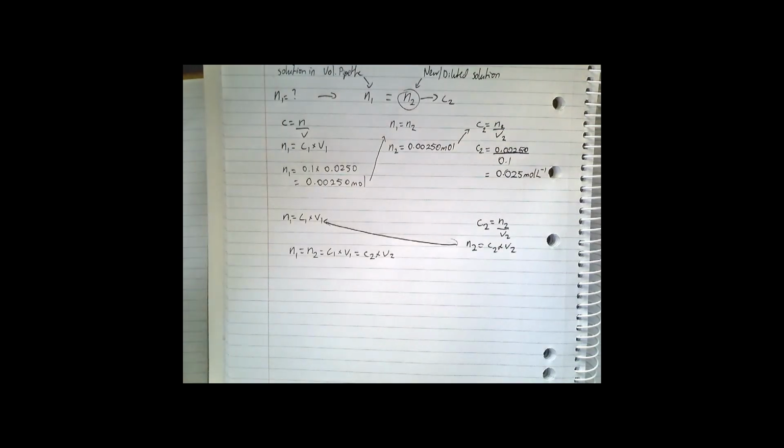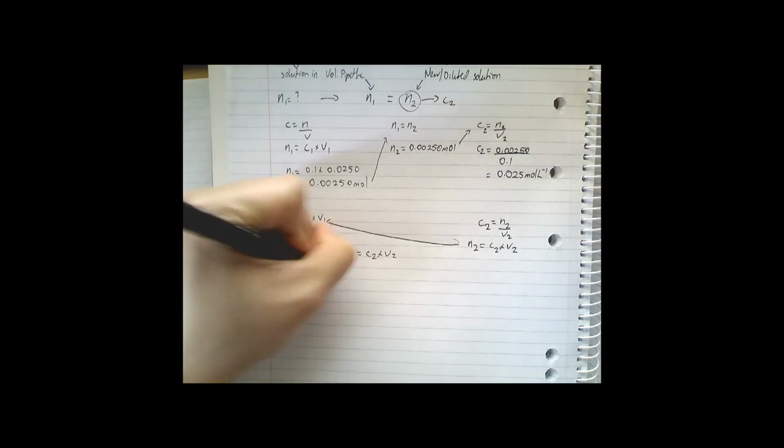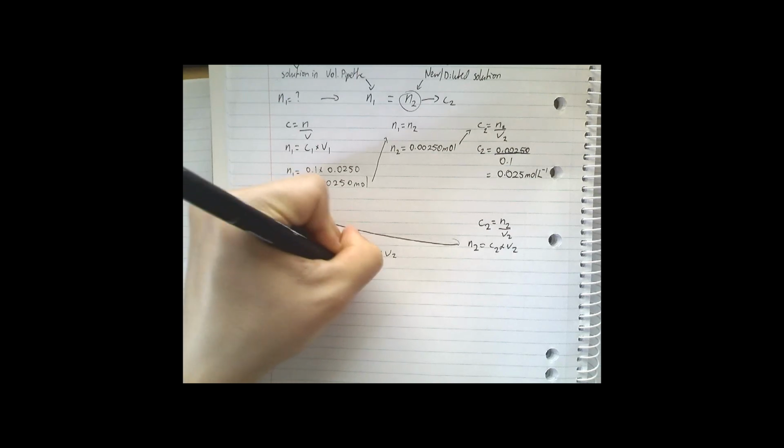Some simple algebra, but pretty powerful if you are able to understand what's going on and how I'm doing it. If you're a little bit confused at this point, then by all means, come and ask me in class over the next couple of days, and we can work on trying to figure out why this works. But this is really powerful because now what we know is that C1 V1 is equal to C2 V2.